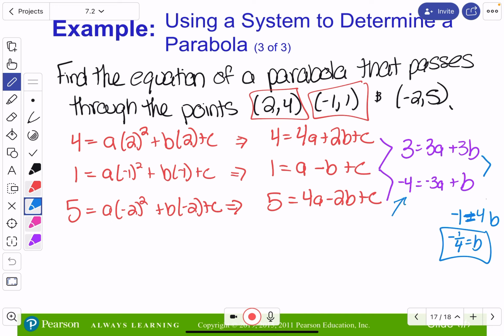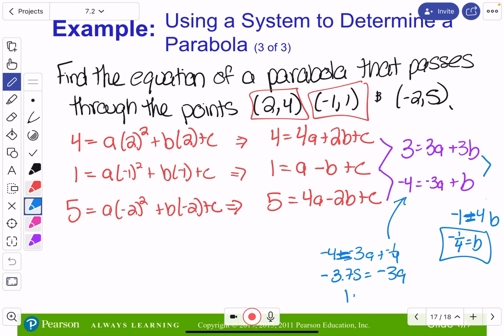So we're doing the same thing we've been doing here. -4 equals -3a plus -1/4. Add 1/4 to both sides, we get -3.75 equals -3a.